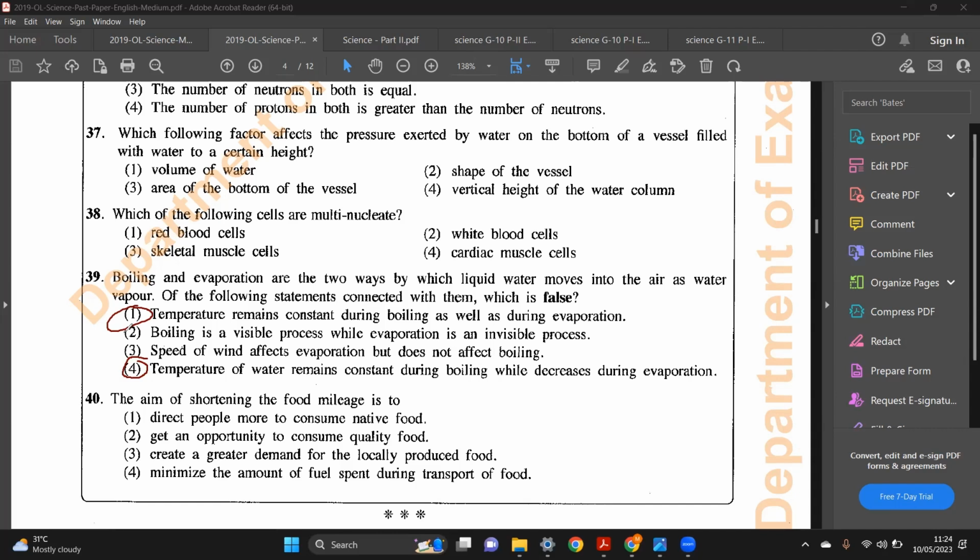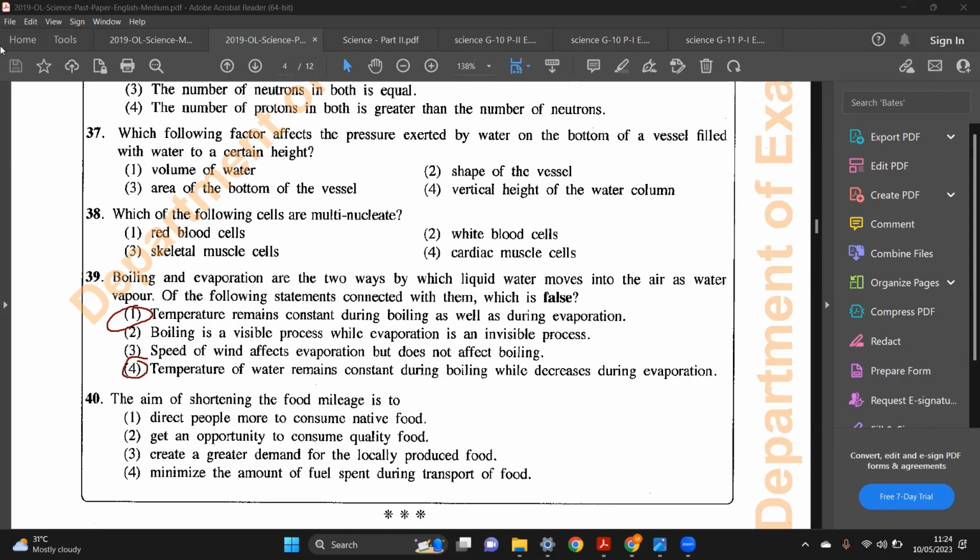So you are contributing to increasing the carbon footprint or the food mileage, which is ultimately going to be a very harmful thing for the environment overall. Why? Because just to eat a packet of chocolates, if you are going to import it from abroad, then definitely you are contributing to the carbon footprint in a negative way.